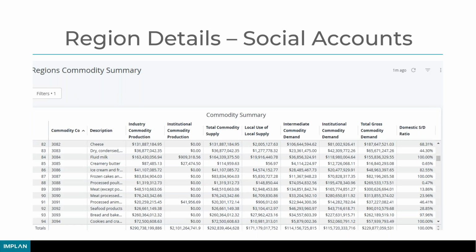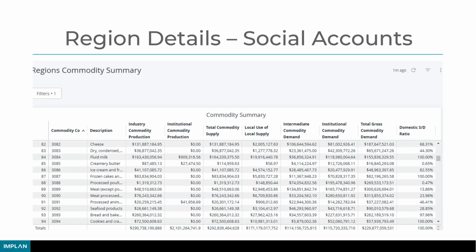So this really gives an understanding of how much local production is being used to support local industries and serve local consumers, right? So we get a richer understanding of that context. So is this an export industry? So in this case, the cheese industry is definitely an export industry. What are they exporting it to? We'll see that in a following table.